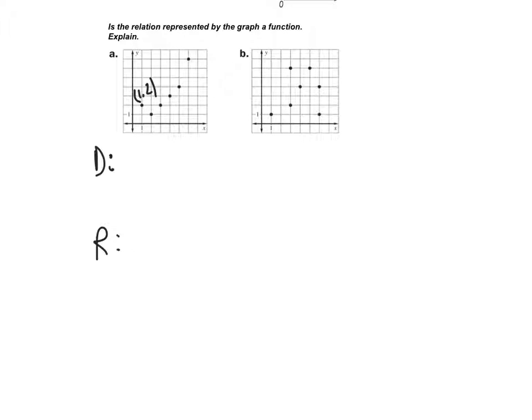So when I list these out, I've got the ordered pair 1, 2, and the ordered pair 2, 1. This ordered pair right here, I go from 0, 0, right 3 and up 2. Then this dot, I go right 4 and up 3. So I'm going to have 4 and 3.